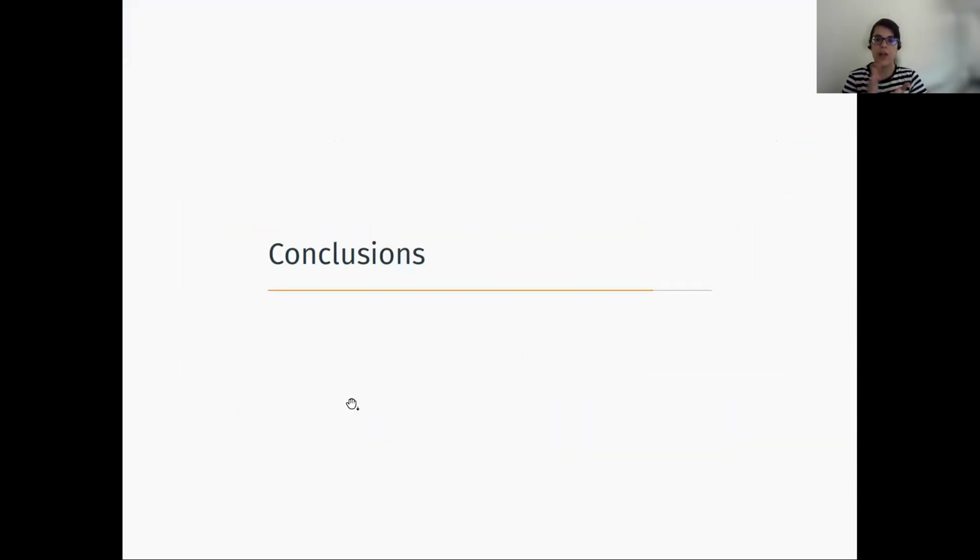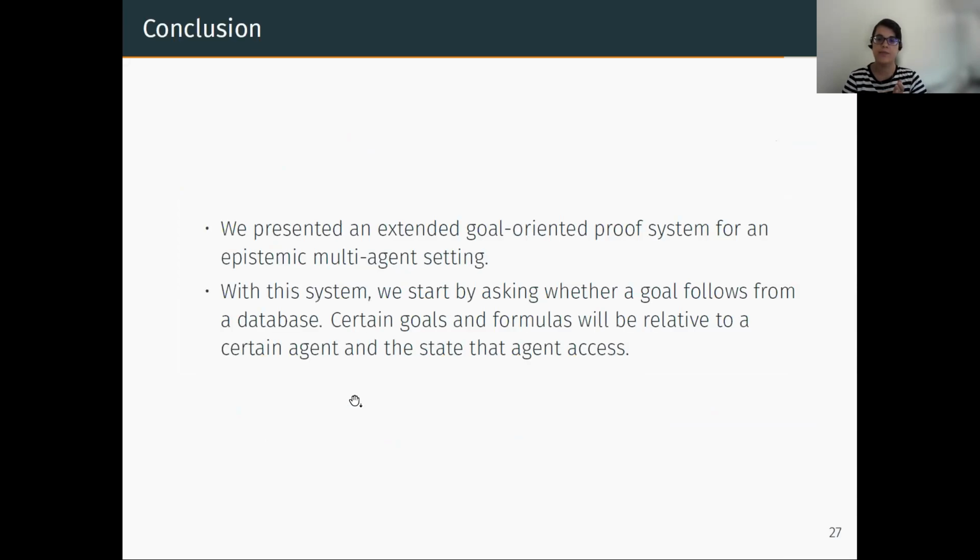So, some conclusions. I have presented this extended goal-oriented proof for epistemic multi-agent settings, where we start by asking whether a goal follows from a database, and certain goals and formulas will be relative to a certain agent and the states that that agent accesses. And of course, every goal is going to be regarding a particular state.